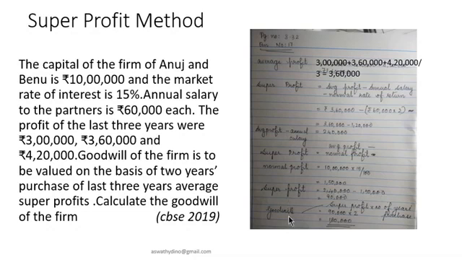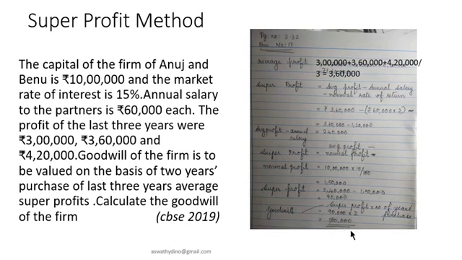Now how do we find goodwill? Goodwill is equal to super profit into number of years purchase. The number of years purchase is given in the question: goodwill is to be valued on the basis of 2 years purchase of last 3 years average profit. So 90,000 into 2 is 1,80,000, which is the amount of goodwill.